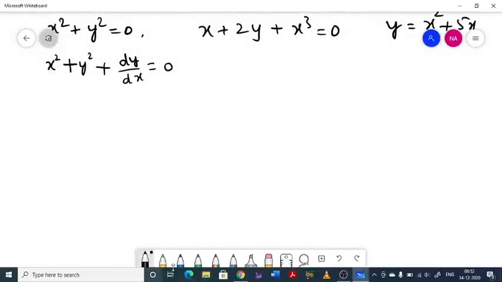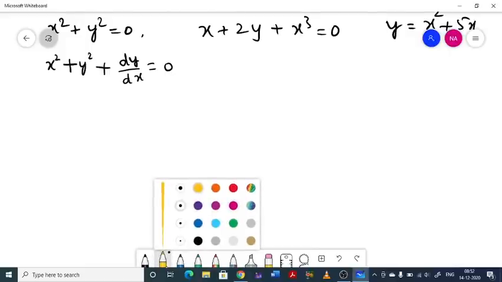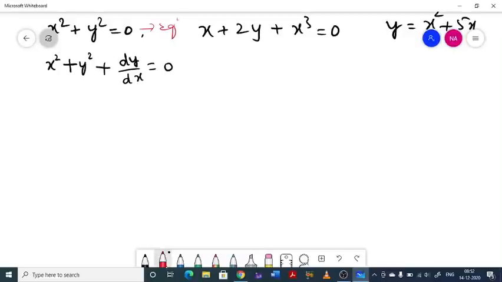See, this is an equation, and this is also an equation. Basically it is an equation, but it involves a derivative symbol, or it involves the differential coefficient of one variable with respect to another variable. I don't worry about dependent or independent variables.